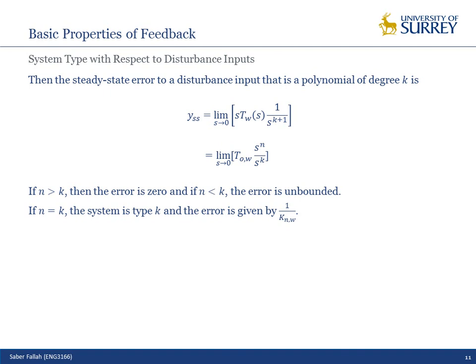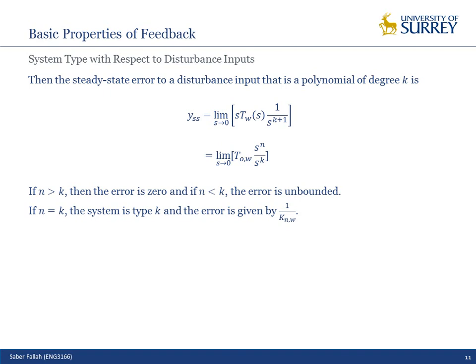The system type is based on the order of n. If n is 0, I have a non-zero constant steady-state error, the system type is 0. For n equal to 1, I have a non-zero constant steady-state error, the system type is 1. Is that clear to everyone?